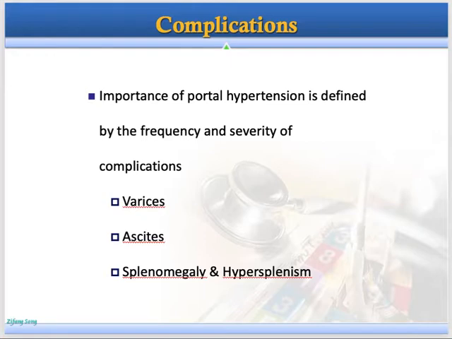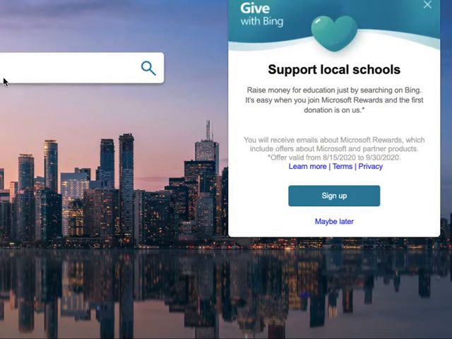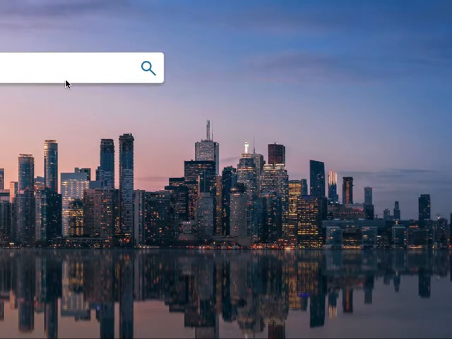Because there is extra fluid inside the tummy. And if you remember from physical diagnostics, we do a fluid thrill and shifting dullness. We do it for that.